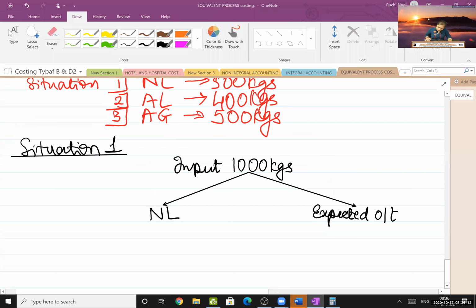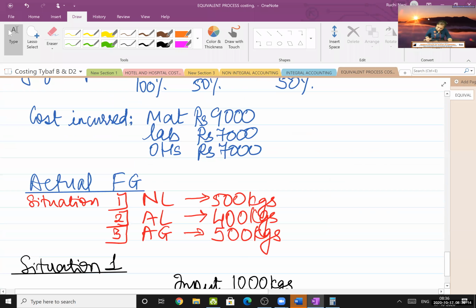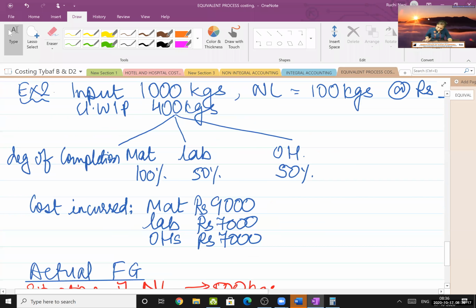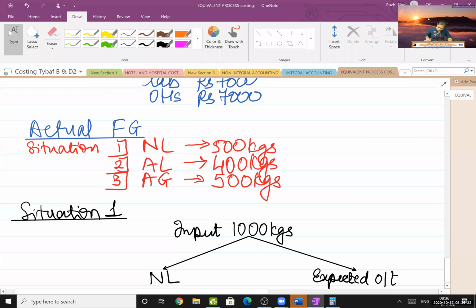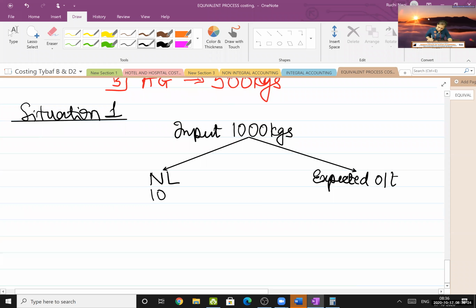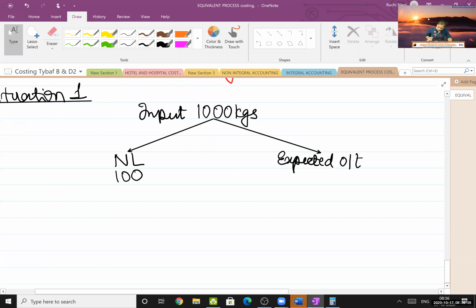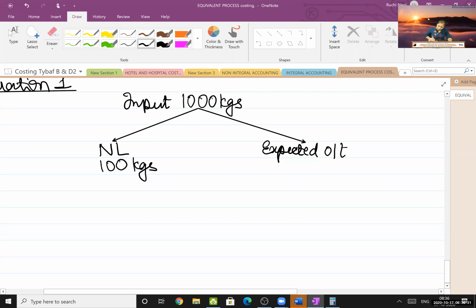How much did I say the normal loss was? 100. So if this is 100, then this is 900 balance. Remember, this has to be 900 kgs.